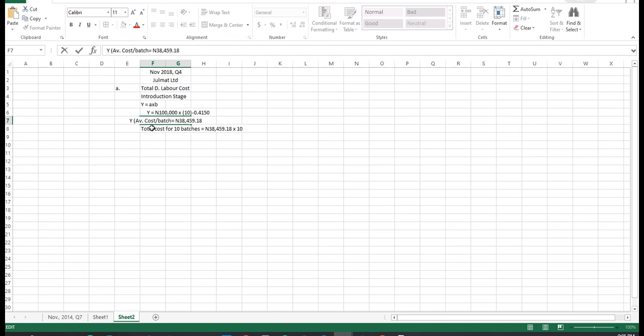I don't know if you understand this. So this is divided by batch. Y means average cost per batch. Let me write it in full, but this is how we write per batch.